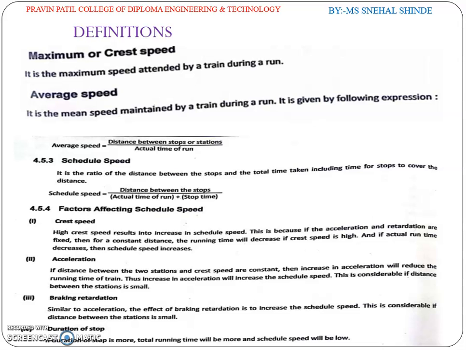This is considerable if the distance between the stations is small. Braking retardation: similar to the acceleration, the effect of braking retardation is to increase the schedule speed. This is considerable if the distance between the stations is small.